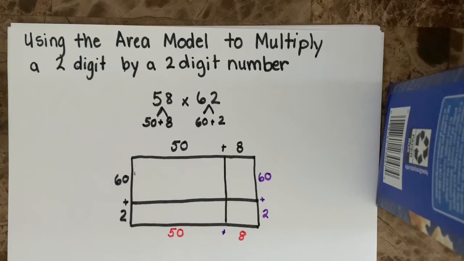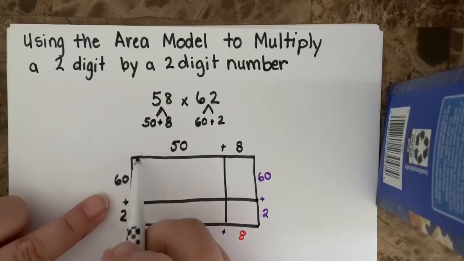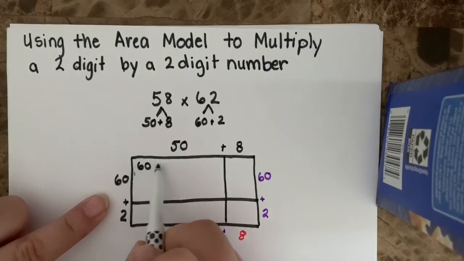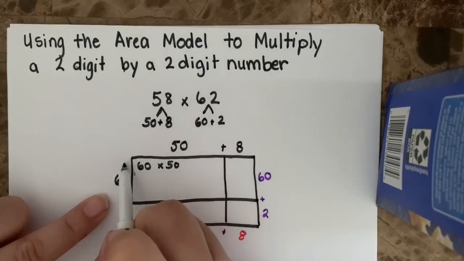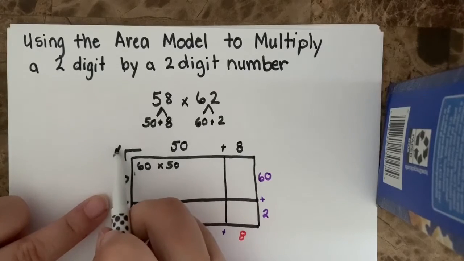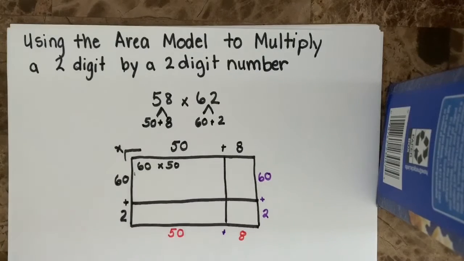So now we're going to multiply all of the parts. And I'm going to start over here and do 60 times 50. What I'm going to do is connect the parts just to make sure that I remember to multiply each part. So here's my 60 times 50.